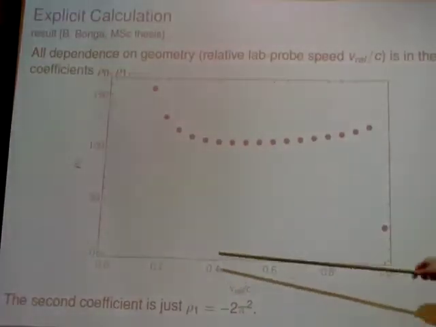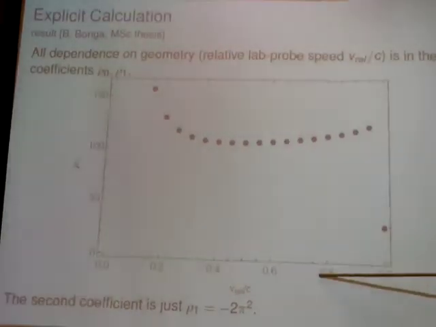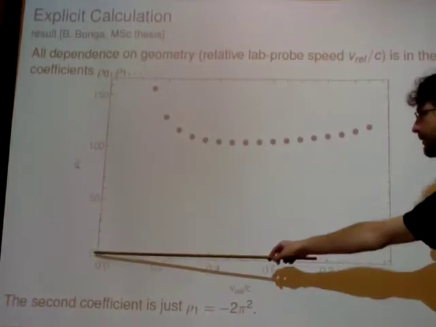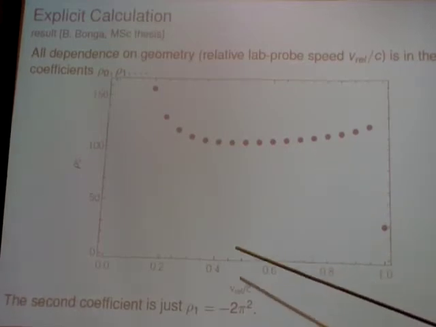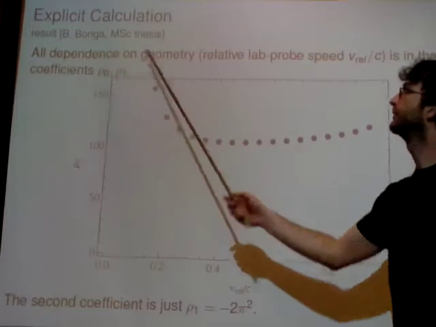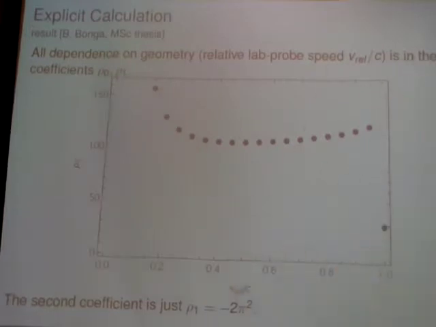The horizontal axis is the relative velocity, and the vertical axis is rho 0, which is a pure number coefficient. It's been computed recently in collaboration with a master's student in Utrecht, Beatrice Banga, who finished her thesis in the summer, and we're working on writing up her results in a paper that should hopefully appear in the next few months.